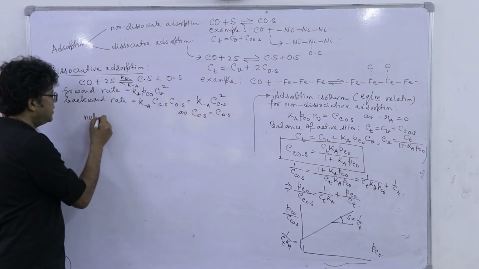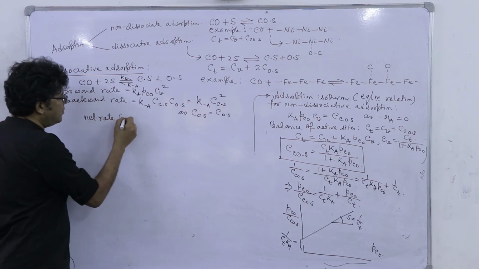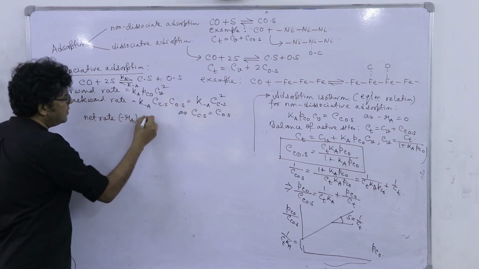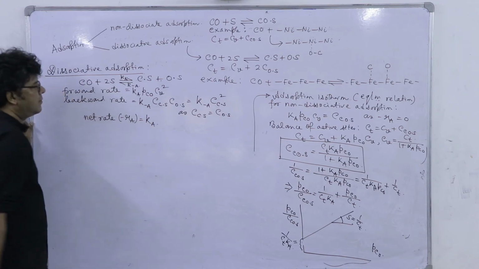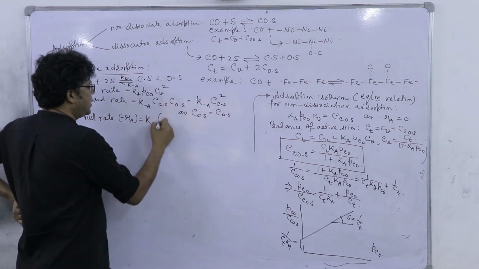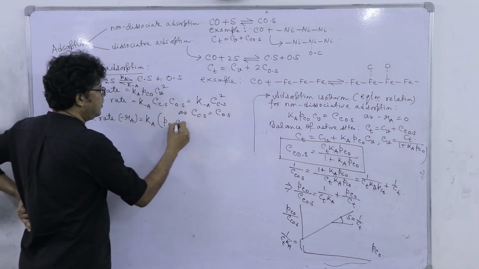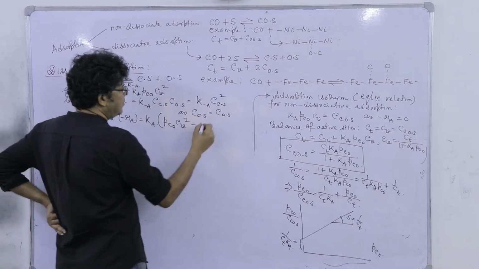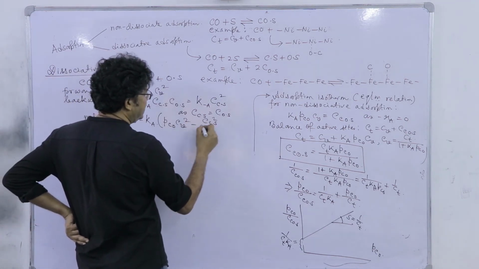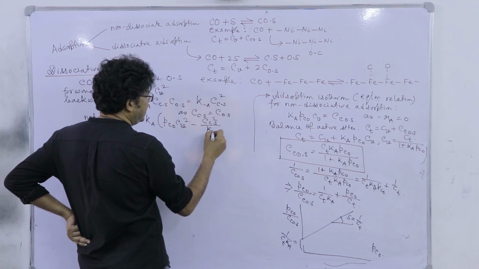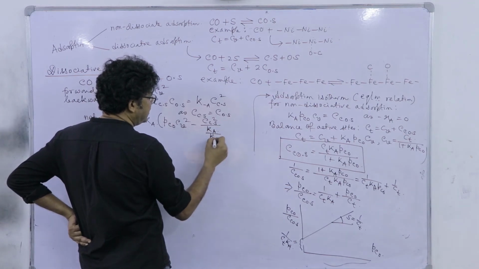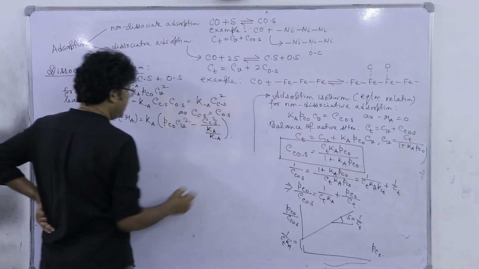So, net rate, minus Ra, is equal to Ka within bracket PCO Cv square minus C·S square divided by Ka by K minus A, right.